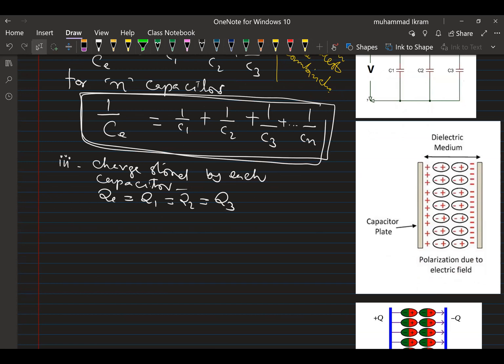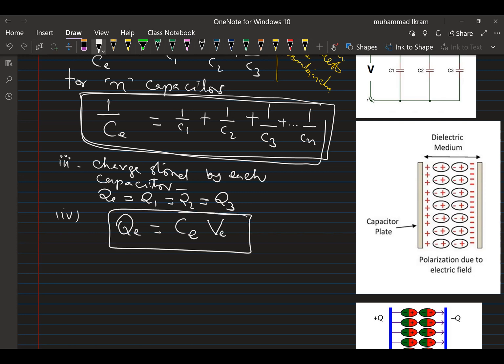Also, the total charge in the circuit will be equal to C equivalent times V equivalent. So if you find the C equivalent and you know the total voltage, this is another interesting formula.